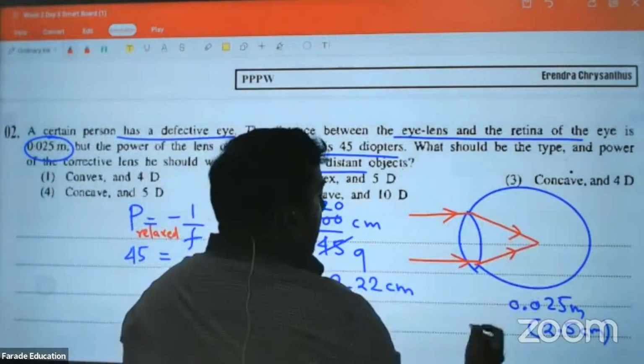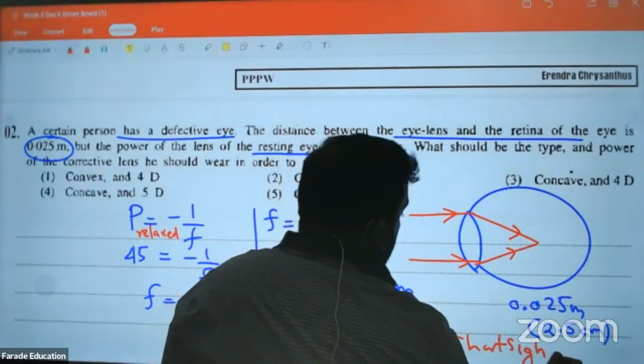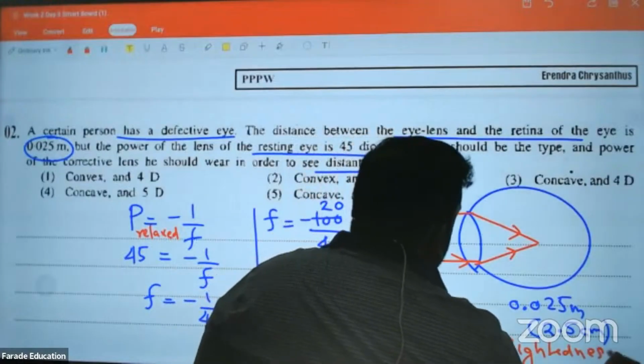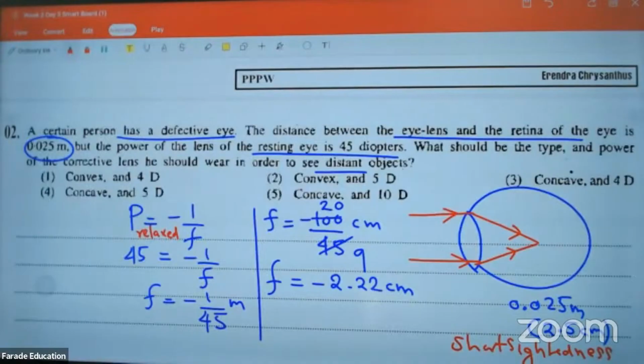So what kind of defect is it? Short-sighted. It can't see infinity.